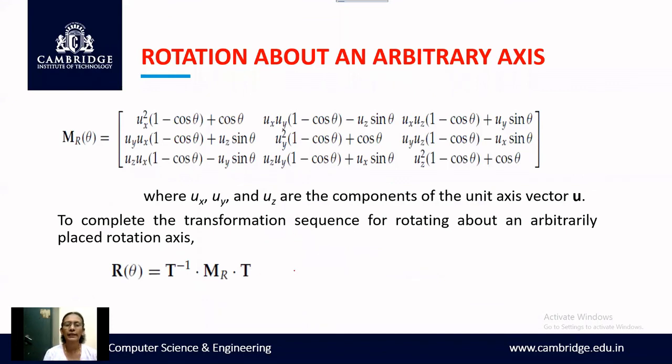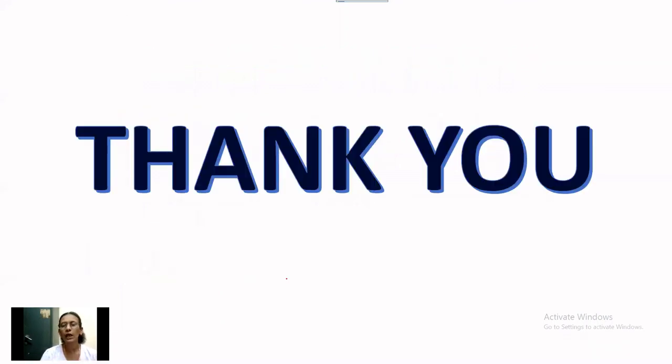Now this is only the rotation part. For the entire transformation you need to do T inverse, that is, translation inverse: translating the point to the origin, then this rotation part, and then translating back to the reference point, T. So this gives you the rotation about an arbitrary axis in terms of quaternions.